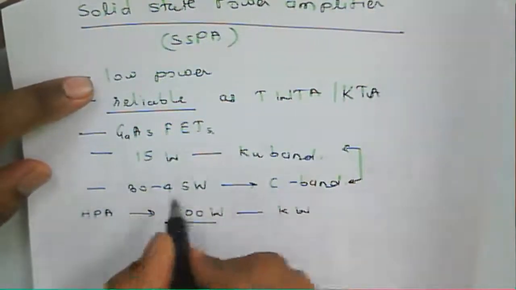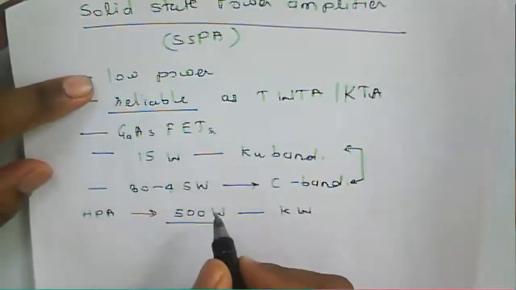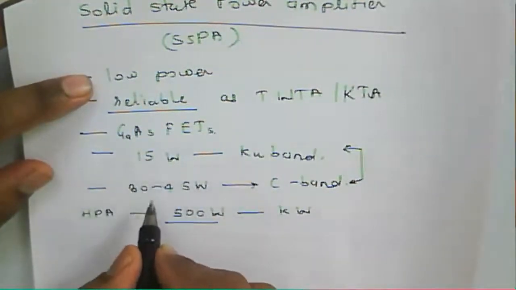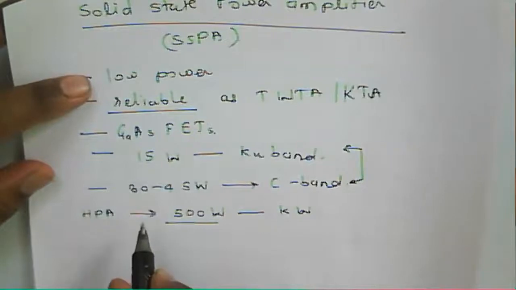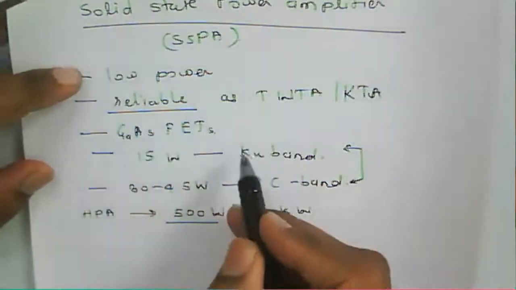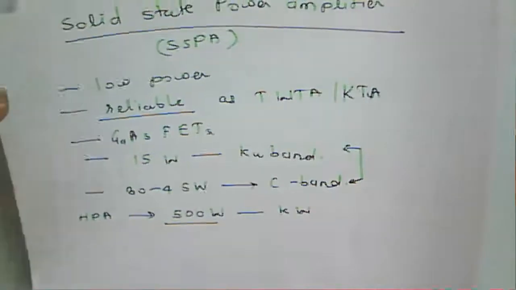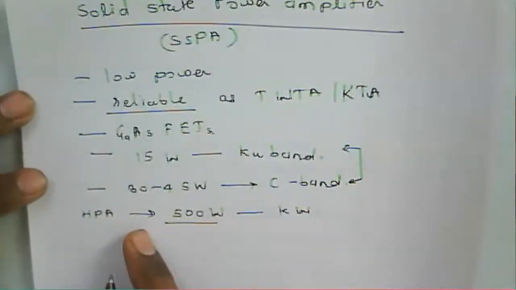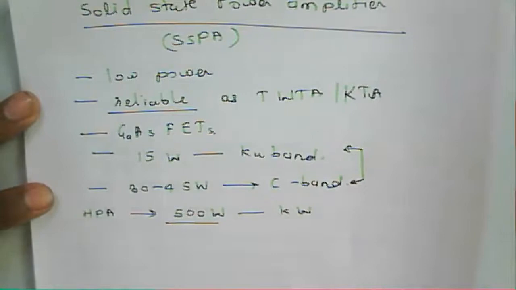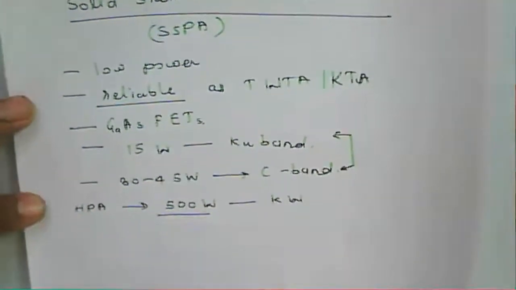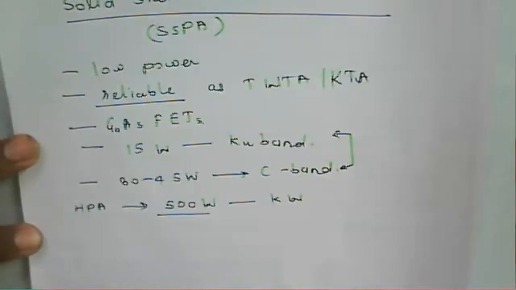So generally the requirement for the C band and Ku band is about 30 to 45 watts, and it is generating a low output there, so in that case we can use solid state power amplifiers to generate the large power. So how can we use them here? We can consider the combination here.